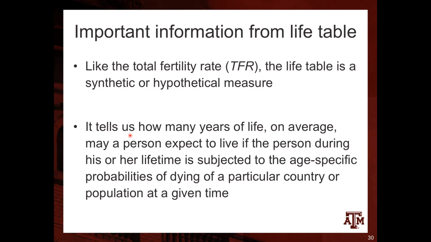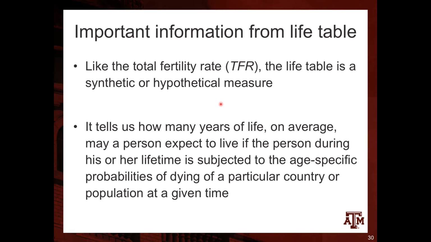It will tell us how many years of life on average a person may expect to live if the person during his or her lifetime is subjected to the age-specific probabilities of dying of a particular country or population at a given time. Just remember, the total fertility rate was the average number of babies that we would expect the woman would have if they were exposed to those age-specific fertility rates throughout their childbearing years.